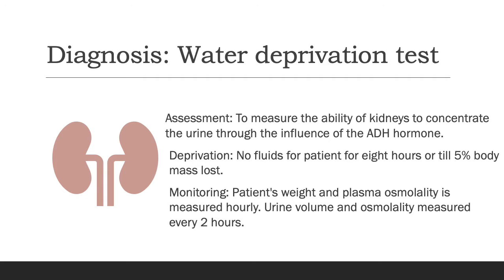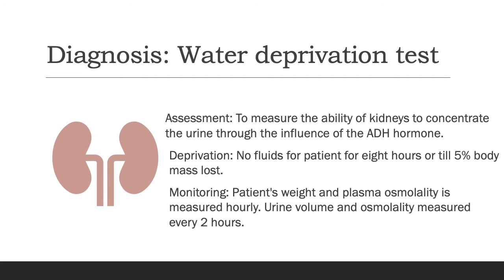So one of the diagnostic test techniques that they use for diabetes insipidus is the water deprivation test. They measure the ability of the kidneys to concentrate the urine through the influence of the antidiuretic hormone.